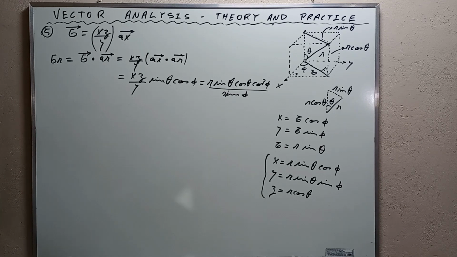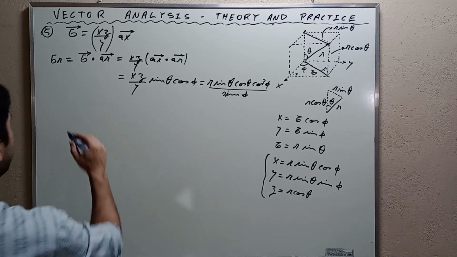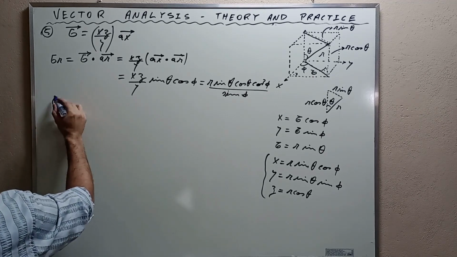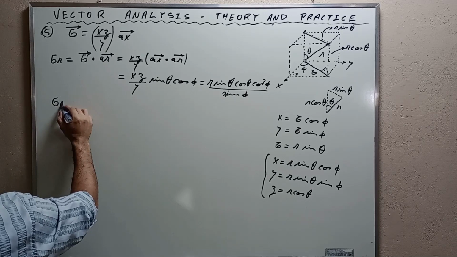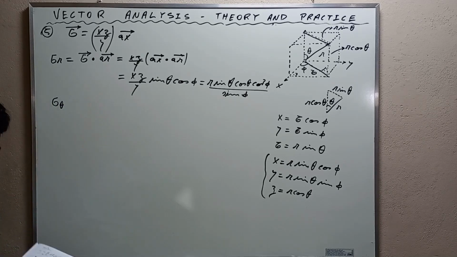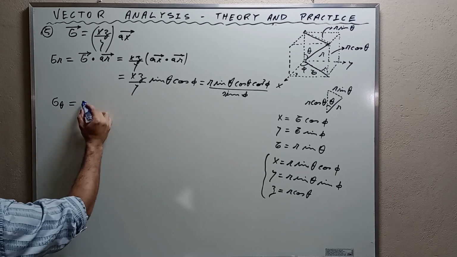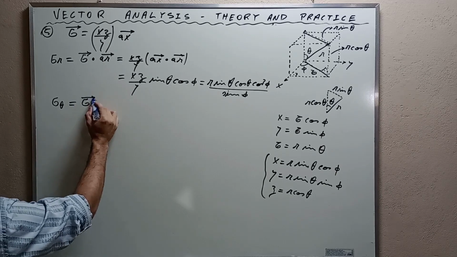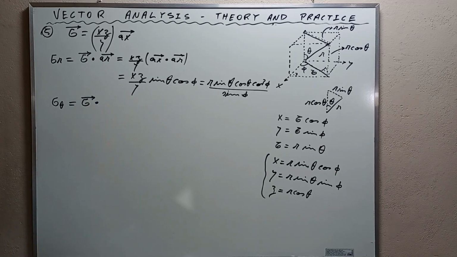Similarly, we can compute the component of this vector field in the theta direction. How do we do it? G theta will be equal to the vector in a dot product with the unit vector in the direction we want.